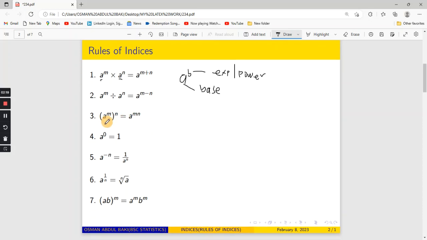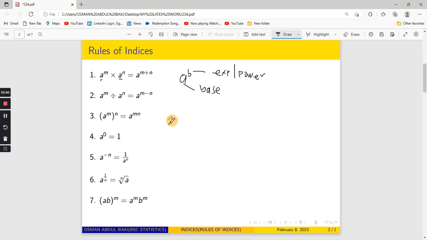Now let's go to property number 3. When any value has a power and is raised to another power, you just have to multiply both powers, then you get your final answer.